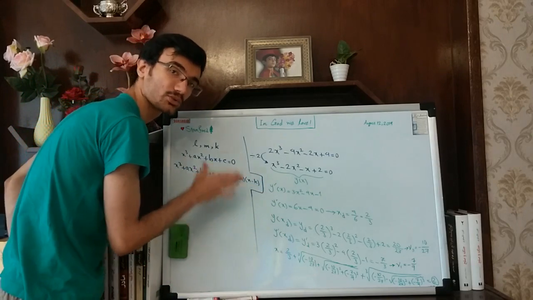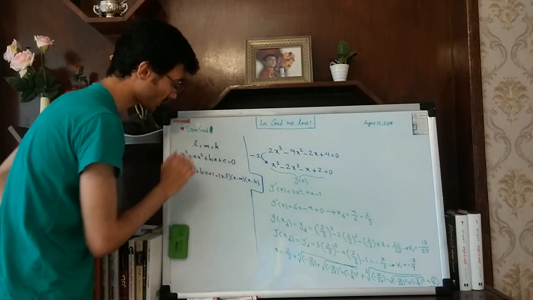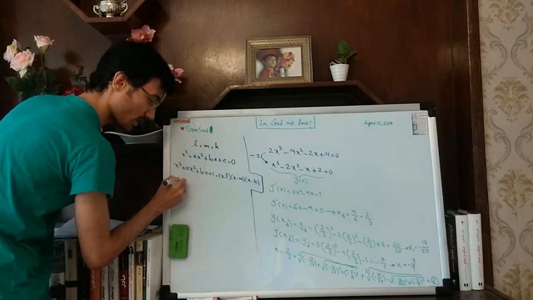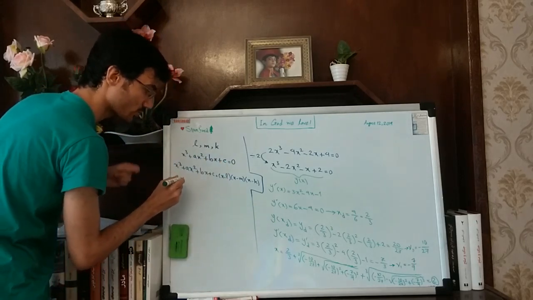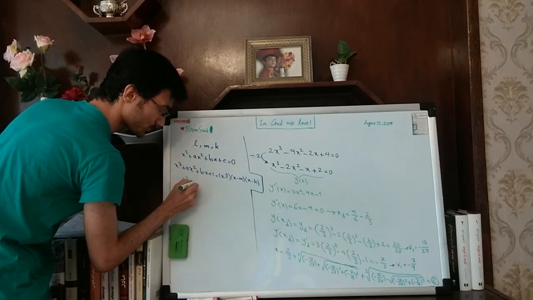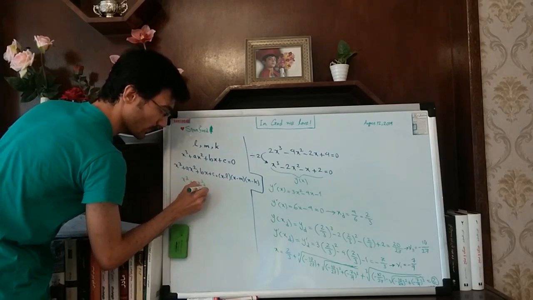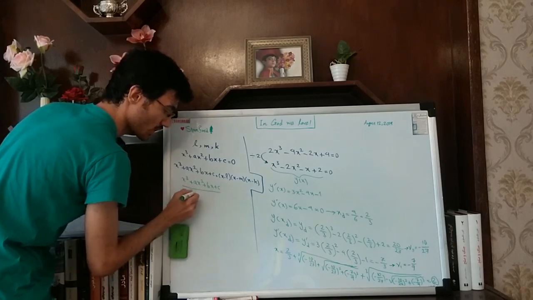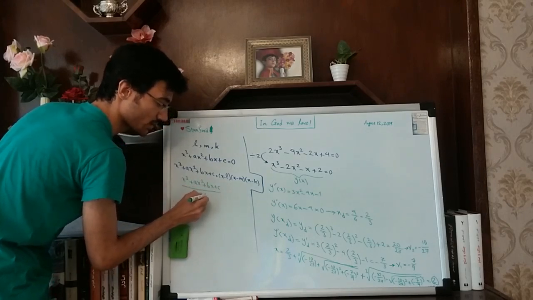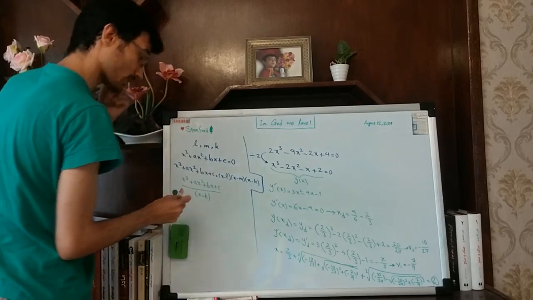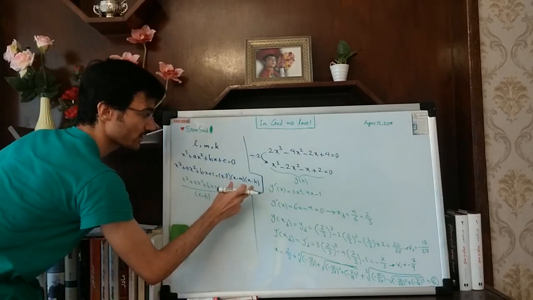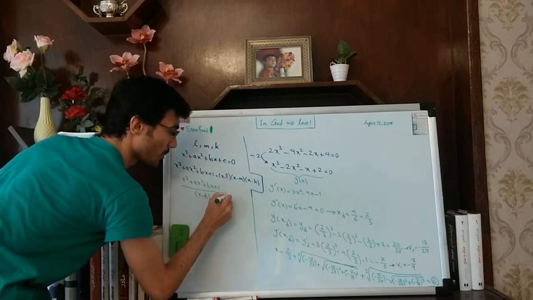Now if we have one of the roots of this equation, for example we have K, by dividing the left side of this equation by x minus that root, you will get a quadratic function.